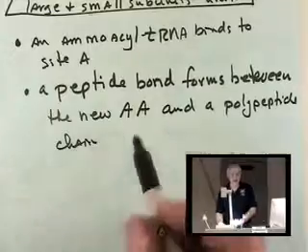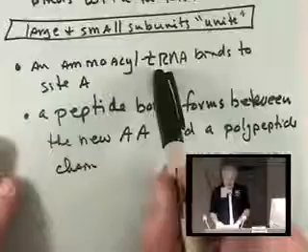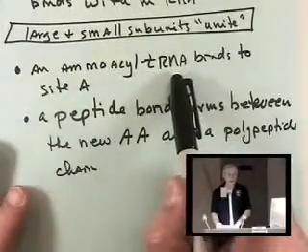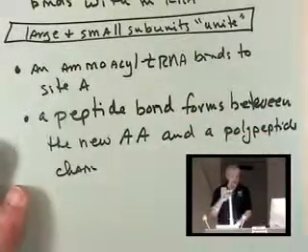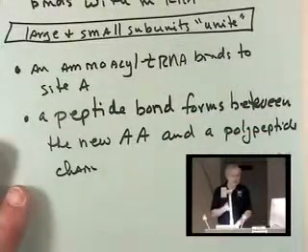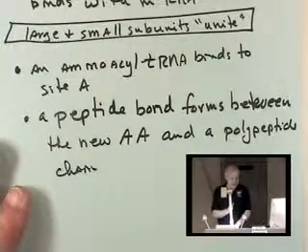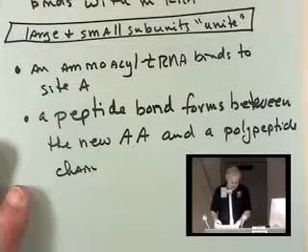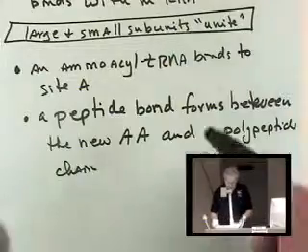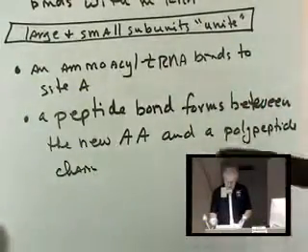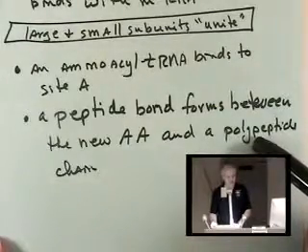So the polypeptide chain is now stuck to the tRNA that got there just before the new one, got shifted to the P site. It has the polypeptide stuck to it. You can link that with the P. And then the one that was in the P site before hit the E site and has been released. So this ratcheting thing is kind of hard to put in total words, but bring a new one to the A site, and then the amino acid on it forms a peptide bond. It's added to the polypeptide chain.